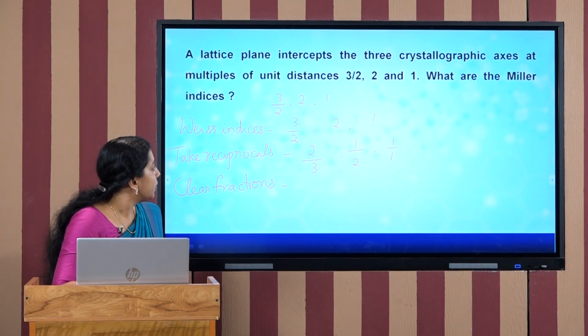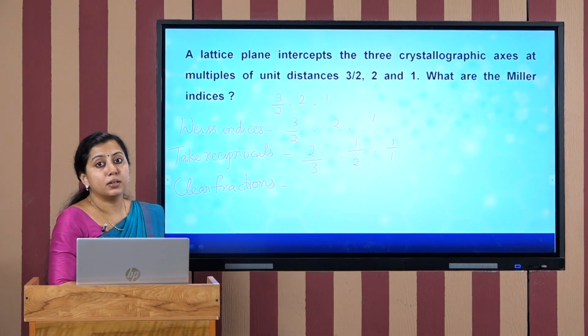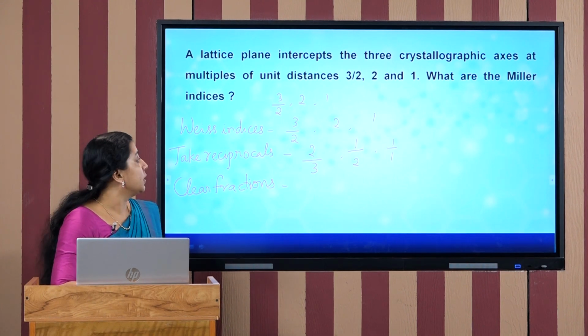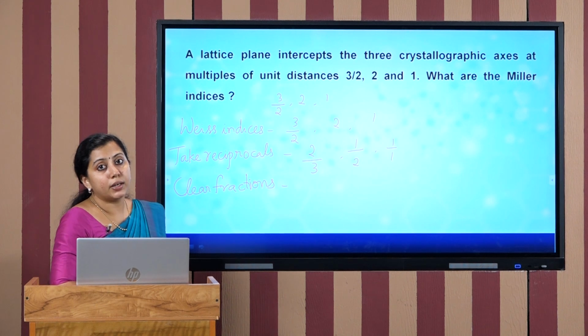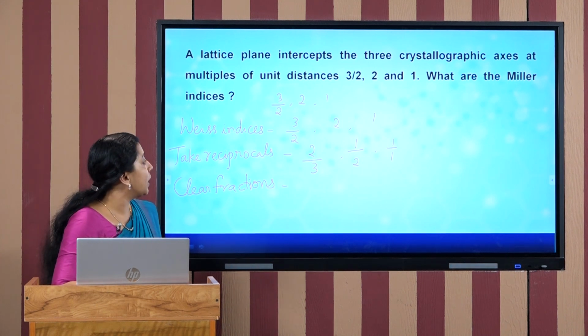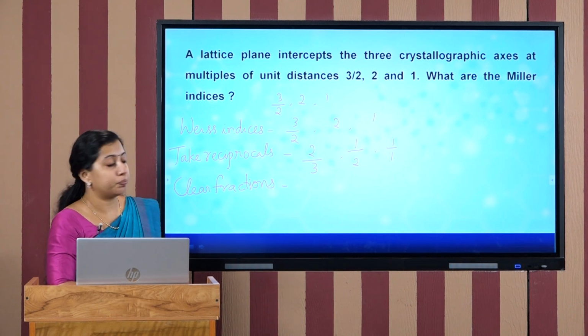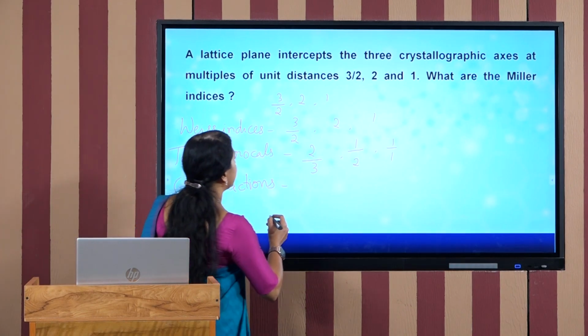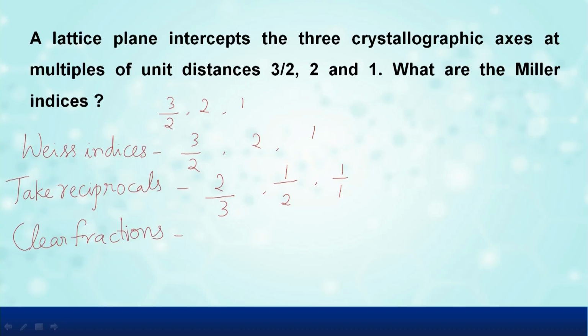So, we have to multiply with a common number divisible by the numbers on the denominator. On the denominator we have 3 and 2. So, if we multiply using 6, we have 2 by 3 into 6, 1 by 2 into 6, and 1 by 1 into 6.